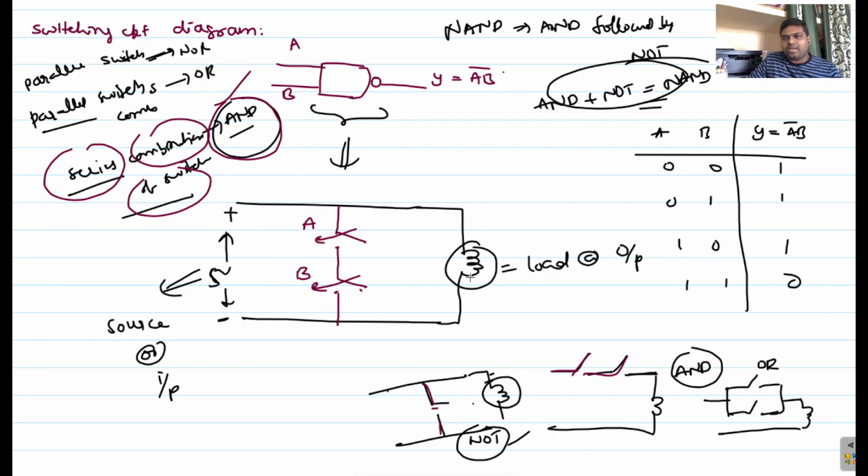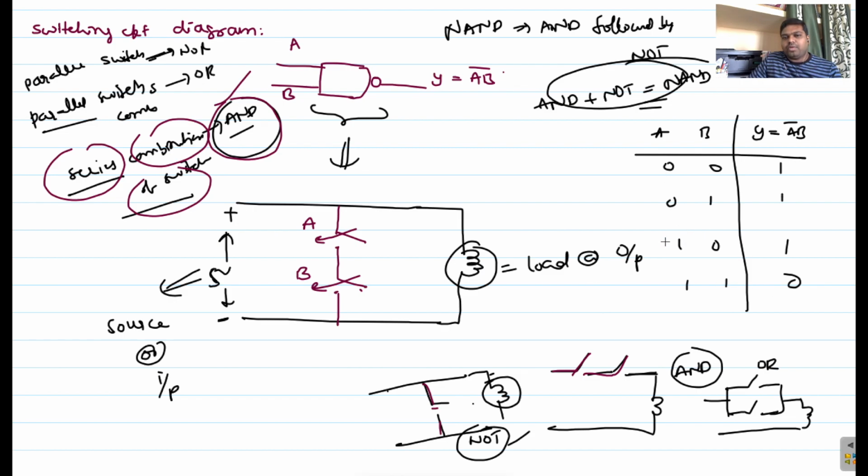The load will have a certain amount of resistance, while closing these 2 switches, this entire path has 0 resistance. In that case, the current always chooses the zero resistance path compared to the load. So in that situation, this load will have zero current, so the bulb will not glow. The bulb not glowing means that is logic 0 condition. That means if both the switches are closed, then the output will become logic 0.